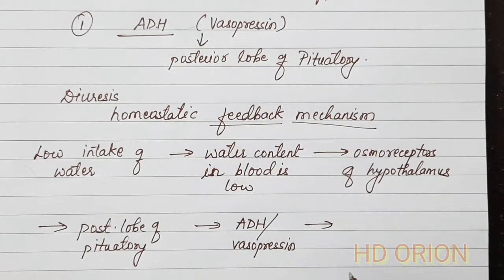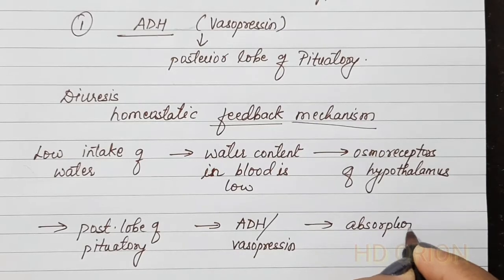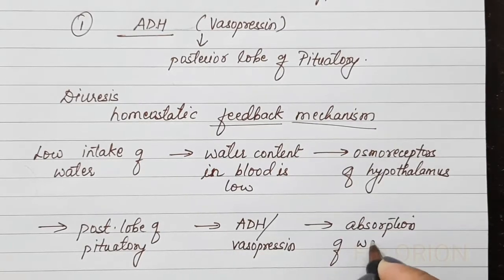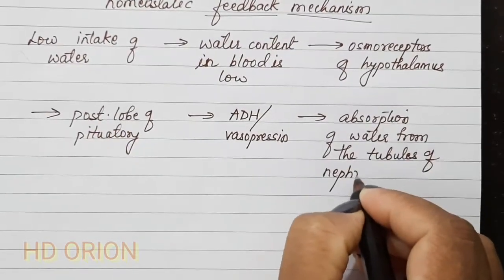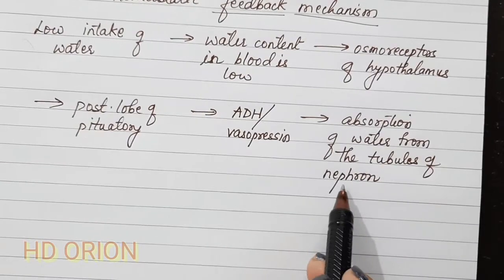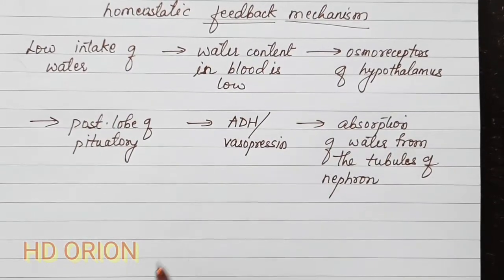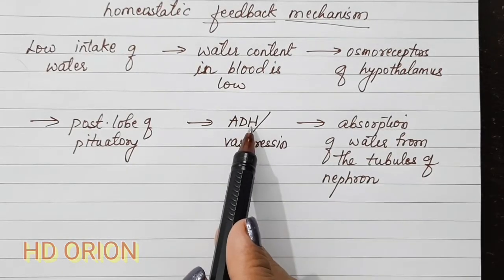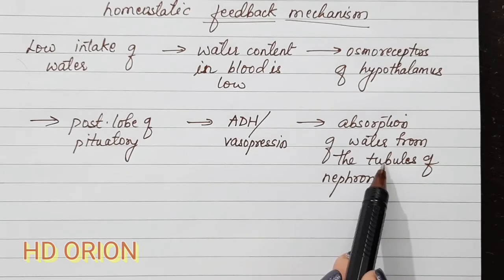ADH helps in absorption of water from the tubules of nephron, particularly the DCT, the collecting tubule, and also the loop of Henle. So what does ADH do? It helps in increasing the permeability of the tubules for water.